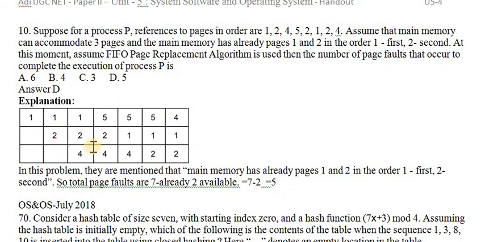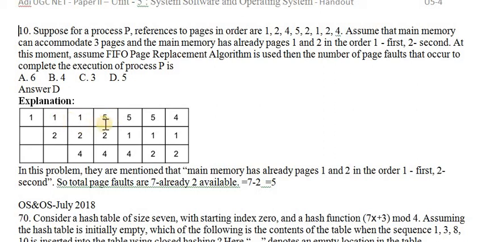Now 4 is coming, we are accommodating it, so page fault is 1. Now 5 is coming, where we want to accommodate it by replacing the page filled the longest ago. Initially filled here, so I am replacing here. Now page fault is 2 for replacing 1 by 5.